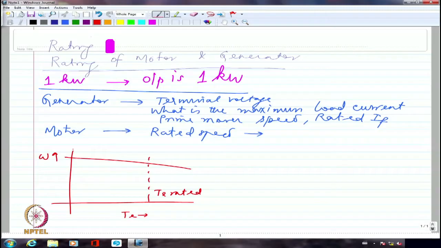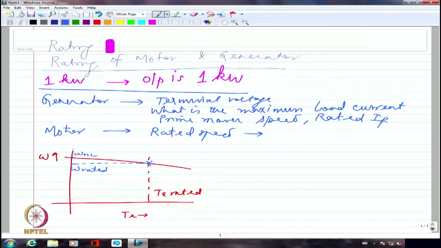Then you can very well note that this is the speed at which the machine is going to run at this particular rated torque condition. So this is omega rated, whereas this is omega no load. Omega no load definitely will be slightly higher than omega rated normally in any machine, right?